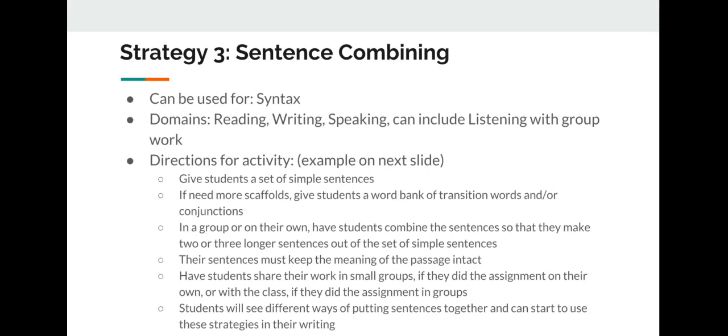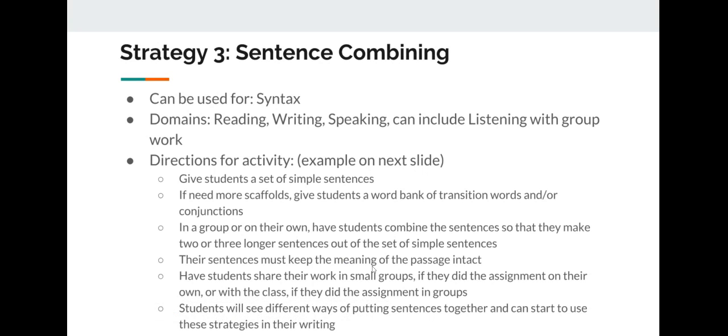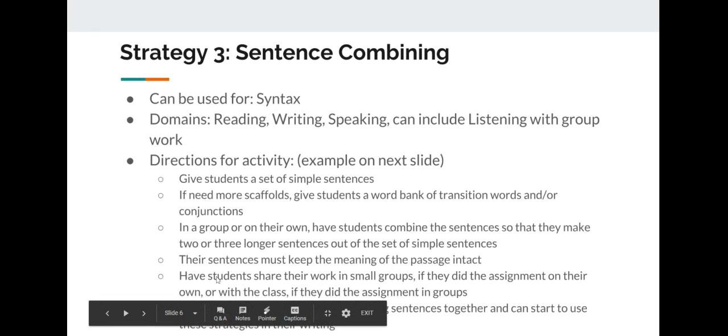Instead of putting things in their own words, they just copy it down, which doesn't tell me that they understand it. It's just that they were able to find the answer and decode that that was the answer, not that they made any meaning out of it. So by having them put it in a different way, they are putting it in their own words. So it's working on syntax, but it's also working on this extra skill, which is super important for students.